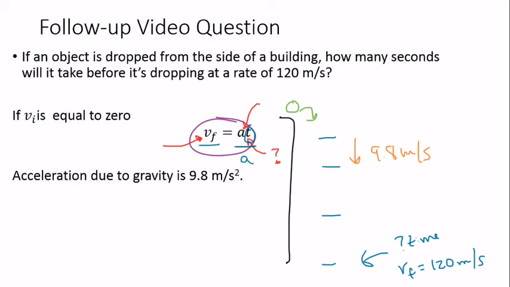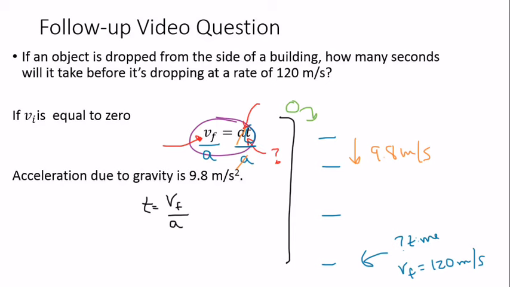That will get rid of my a, and then I have to divide this side by a. Okay, so my a's cancel. I could rewrite this now, and I have t, which is what I'm after, equal to the final velocity, which I know, 120 meters per second, divided by the acceleration due to gravity, that 9.8 meters per second squared.